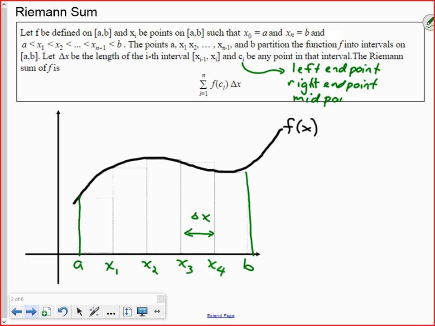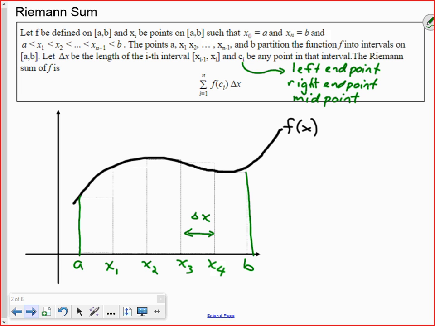But we could calculate the area equally well whether we chose any one of those three points. The thing that those three points have in common is that they are all located inside one of these rectangles' intervals, the left-hand edge, the right-hand edge, and so on. They're located inside these intervals that we've divided our x-axis into.